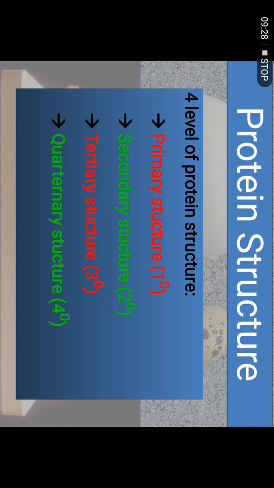What we can see here now is that every structure has its own function. It's not that primary structure is no good, then no need. All proteins, in order to become quaternary, must have primary first.